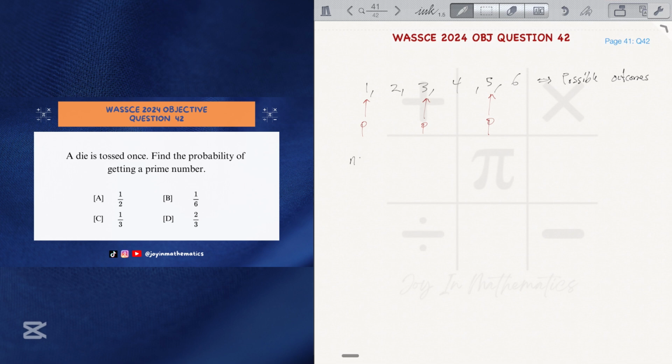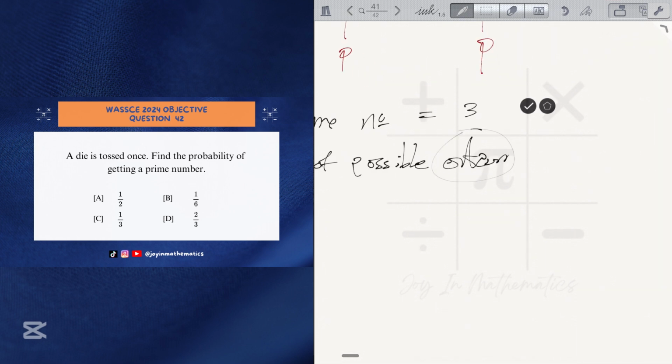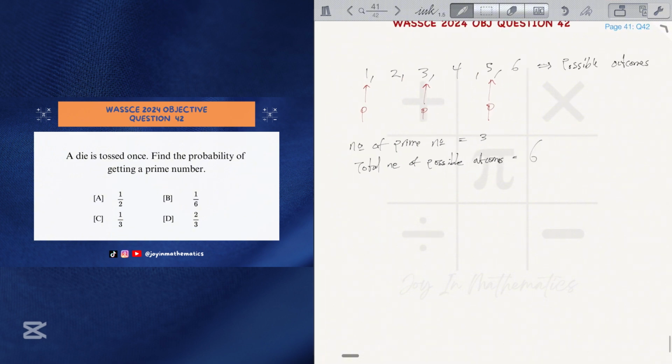The number of prime numbers is equal to 3. The total number of possible outcomes is equal to 6, because we are counting from 1, 2, 3, 4, 5, and 6.